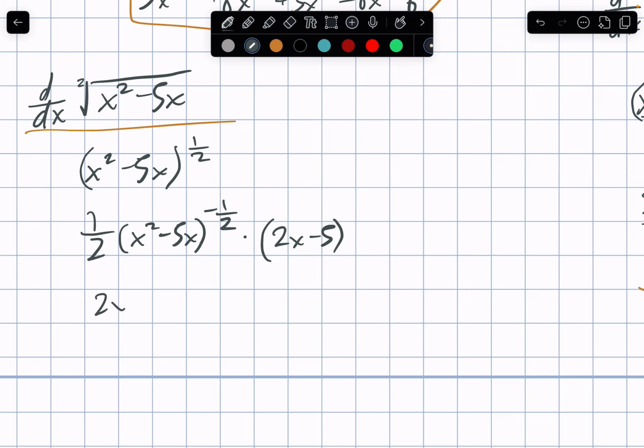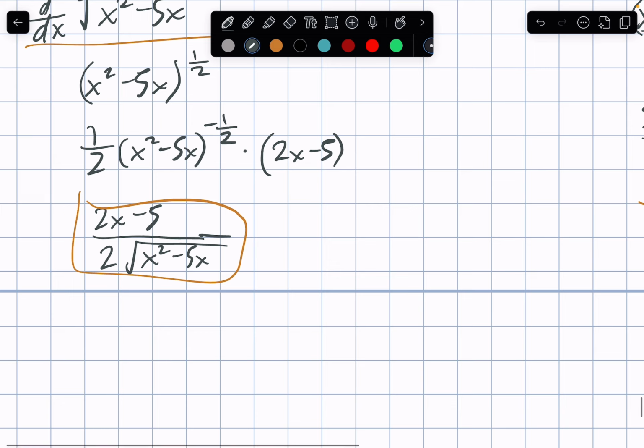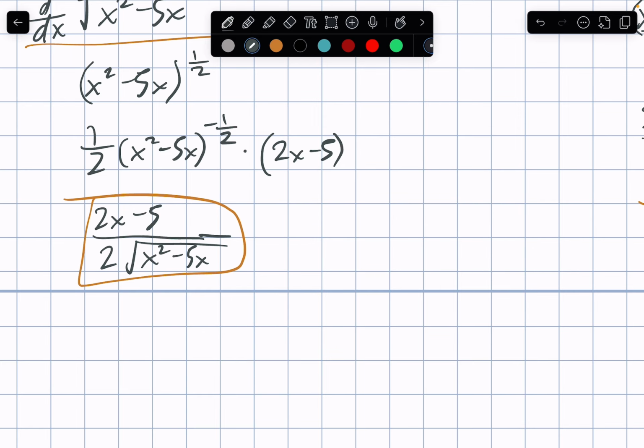So 2x minus 5 over 2, and then times the square root of x squared minus 5x. So technically this is already the answer. You can further simplify this if your teacher wants you to apply, what do you call this, rationalization. Yeah, but I'm not going to do that anymore. That's already the answer.